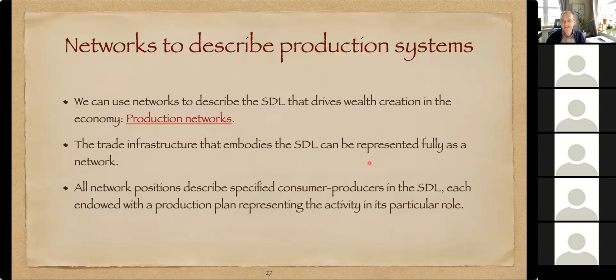However, we abstract away from that in the production network, and we only look at these entities from a productive point of view. So a worker is only a labor provider as such. And so there is a flow coming from that position of the worker, and that flow represents the hours of work that this worker is delivering to the firm at which this worker is employed.